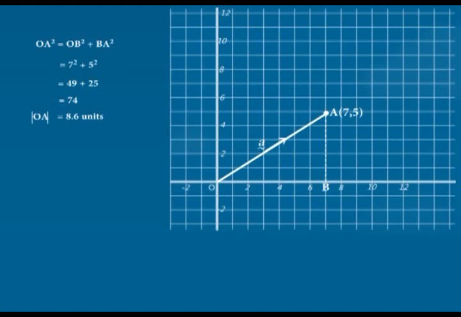Note that the column vector OA is (7, 5), and the modulus of OA is the square root of 7 squared plus 5 squared. In general, the magnitude of a column vector AB is given by the square root of a squared plus b squared. Since the magnitude of a vector is its length, the quantity is always positive.